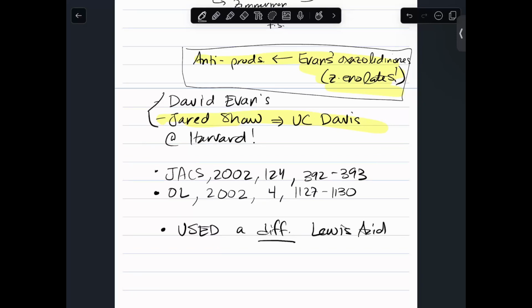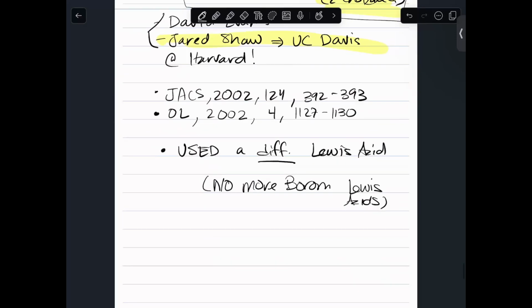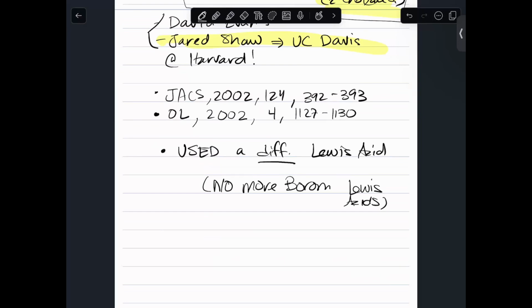So no more boron Lewis acids. Instead, what they focused on is using magnesium Lewis acids.